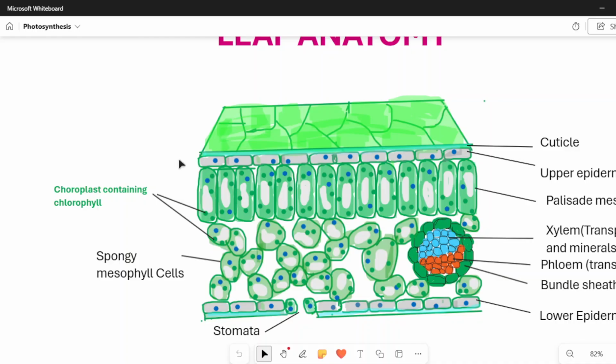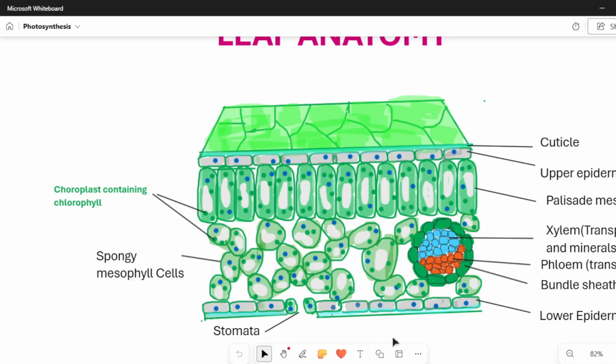And within this organelle, inside this cell is where photosynthesis happens. Now if you see, in these small green dots is where the photosynthesis happens. Now what we will do, let us zoom further into these chlorophyll containing cells.